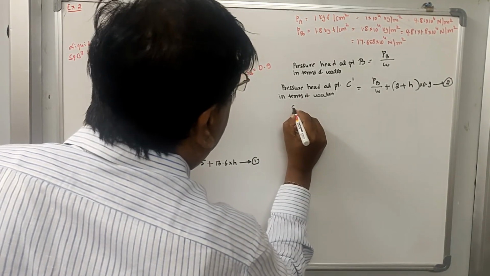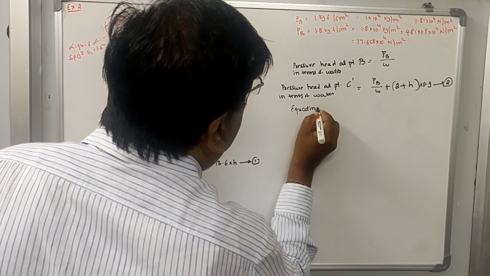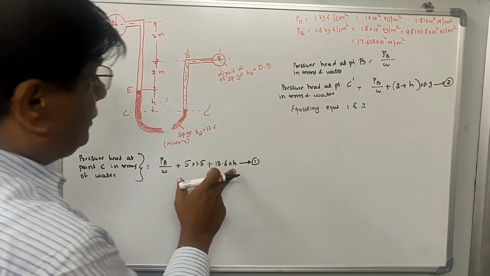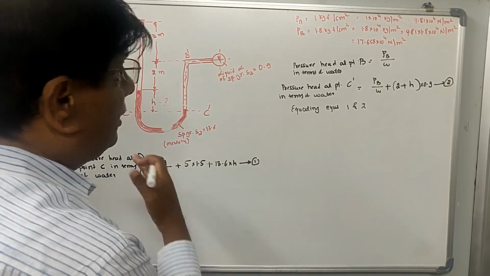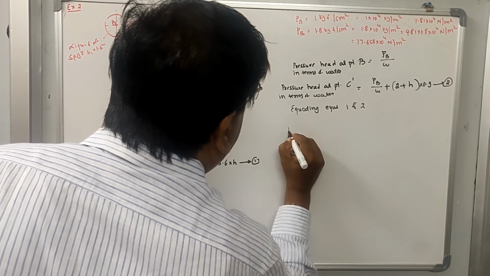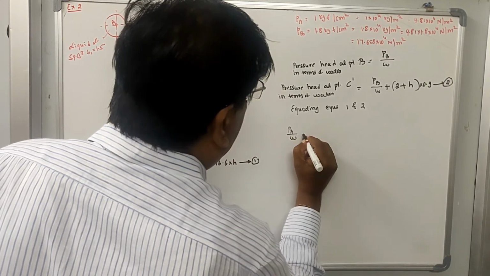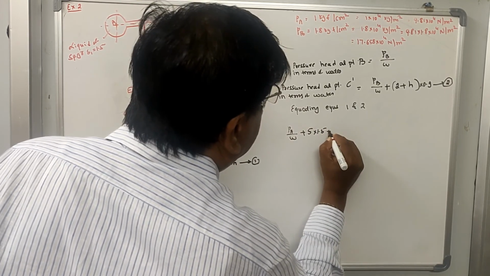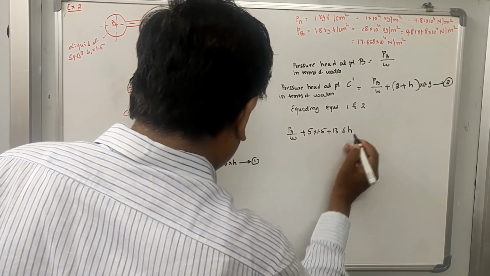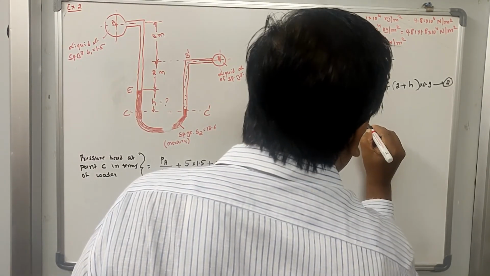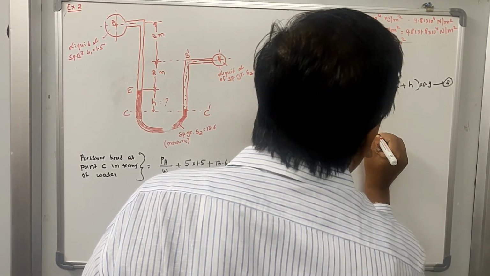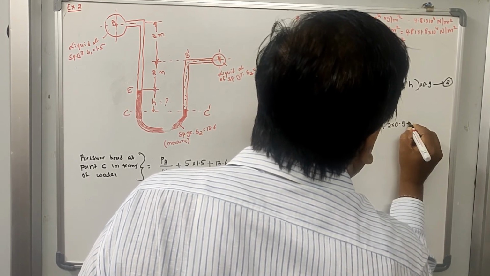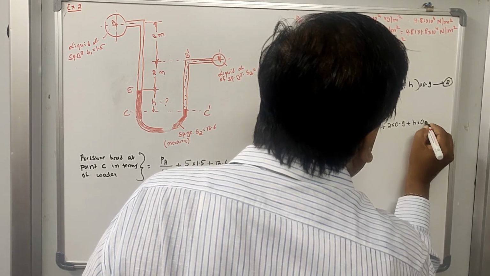So equate equations 1 and 2 and calculate h, because all other things are known. That is PA by W plus 5 into 1.5 plus 13.6 h, equal to PB by W plus 2 into 0.9 plus h into 0.9.